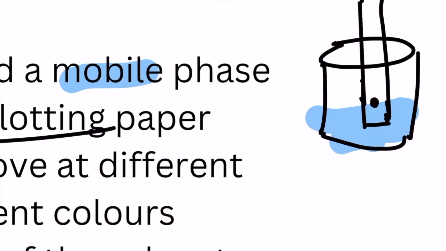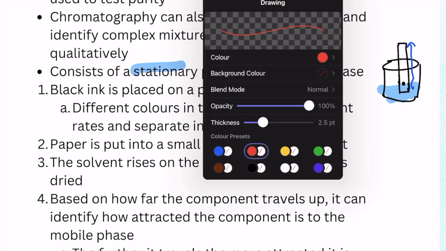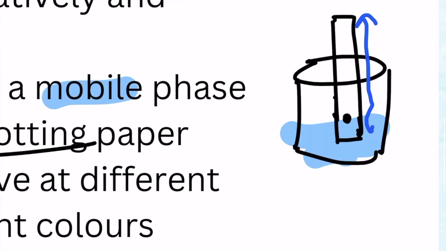We have a splotch of black ink over here. Black ink actually consists of multiple different colors, so when the water rises along this chromatography paper, because it's soaking up the water, the different dyes that make up the black ink will be separated. Let's say when the water reaches here, you'll get your red ink.